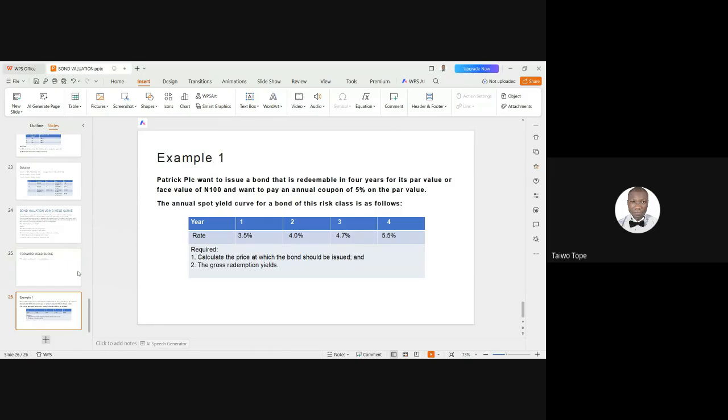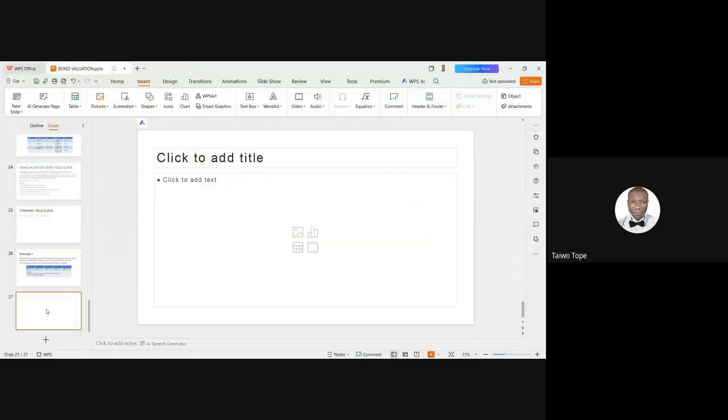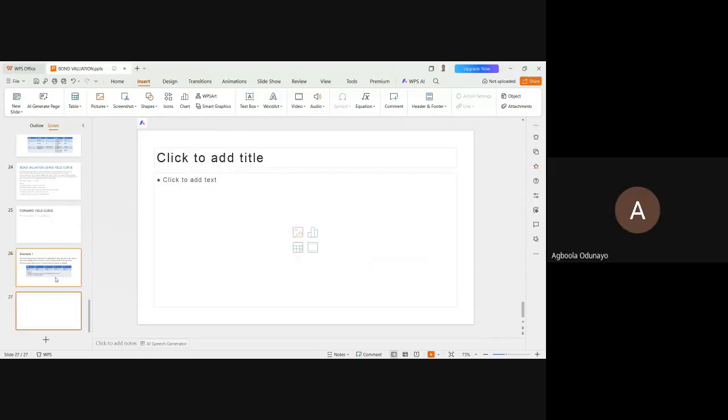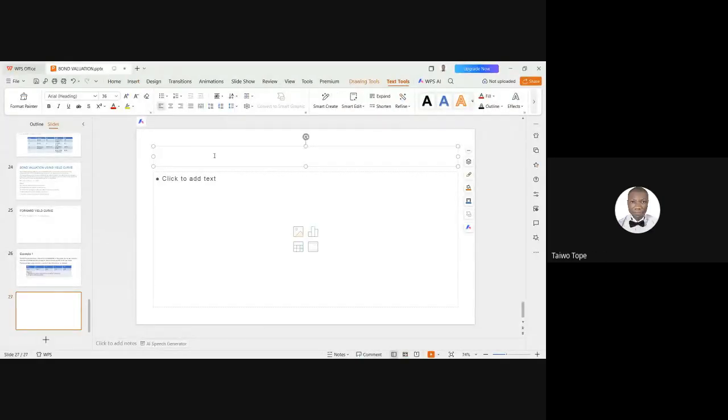But now we are still coming. So, Madam Odunayo, can you tell us what to do based on the price at which the bond should be issued? Any idea? I'm still looking at the question. Let me look at it very well.